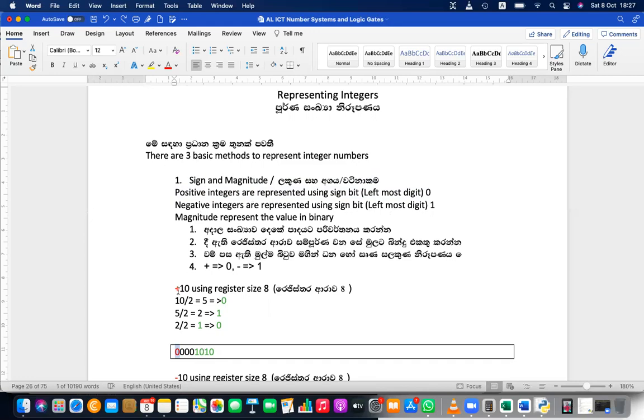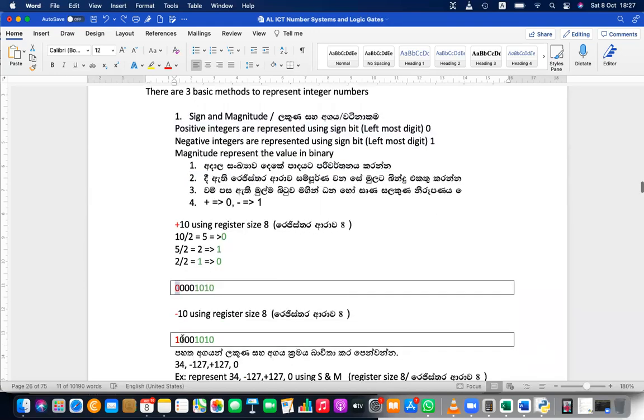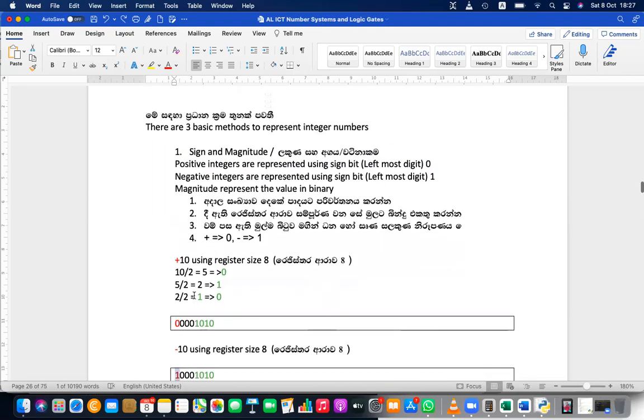First digit 1 will represent negative. If the first digit is 1 like this, it represents the negative. But for the remaining part, you need to find out the binary representation of that.